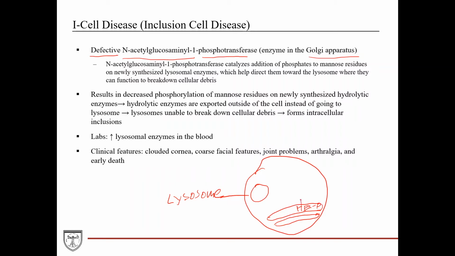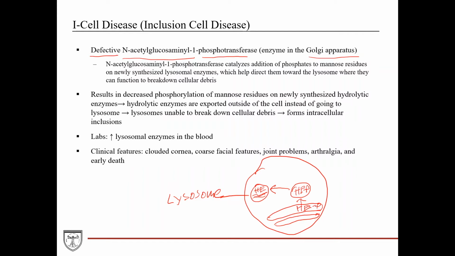And so you have them sent out in vesicles like this. And so you have the hydrolytic enzymes like this, and they're phosphorylated. And it almost serves like an address on a package that you would send to someone. And so what this phosphate does is it helps target the vesicle to the lysosome so that the lysosome can receive these hydrolytic enzymes that can break down this cellular debris or cellular garbage that they pick up.